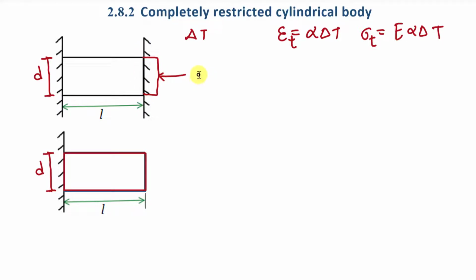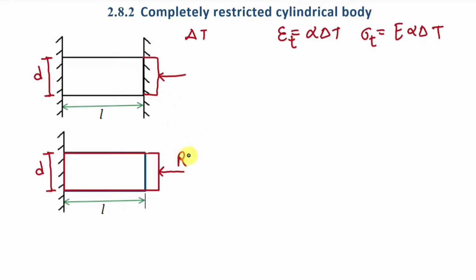Here you can understand that due to the increase in temperature delta T, this body will elongate like this, right? And then we will apply load at this surface in this direction like this. And let's say this force is reaction R. This R will be the reaction due to this fixed surface, right?